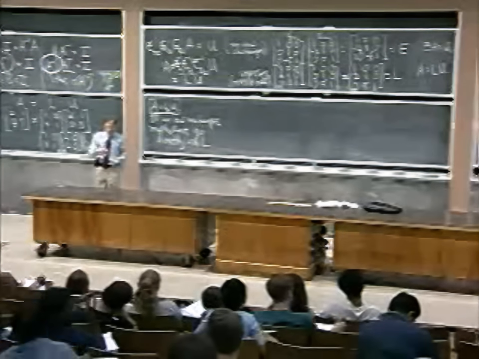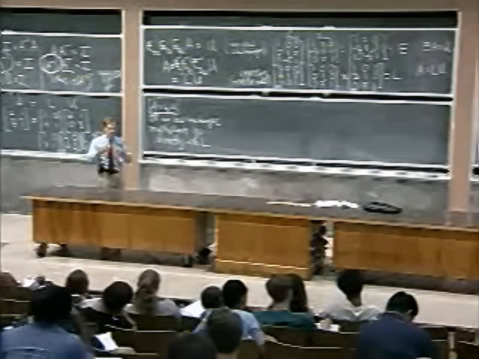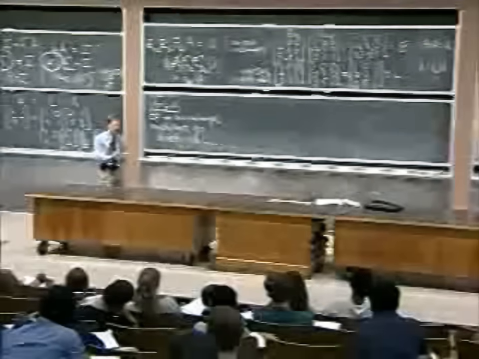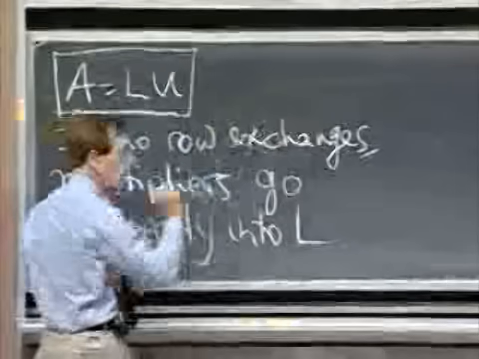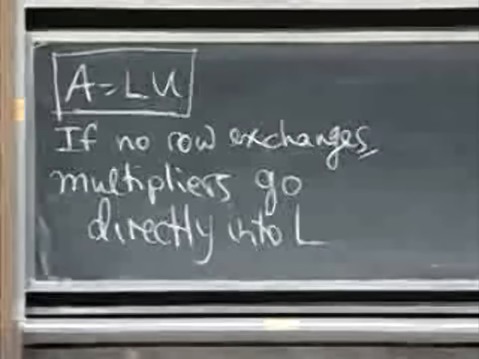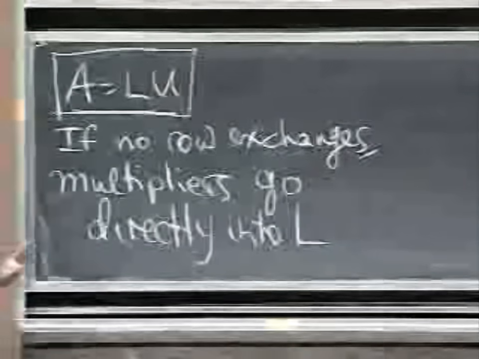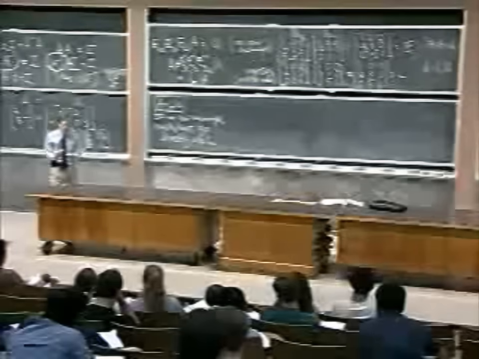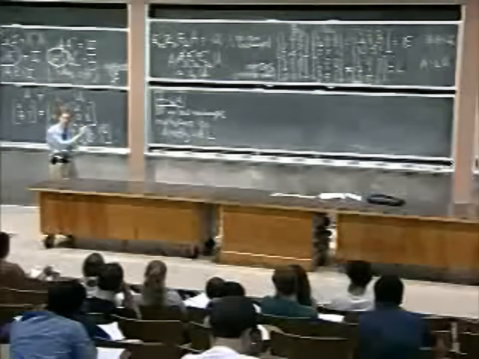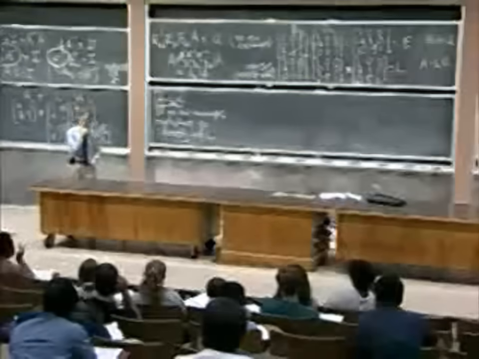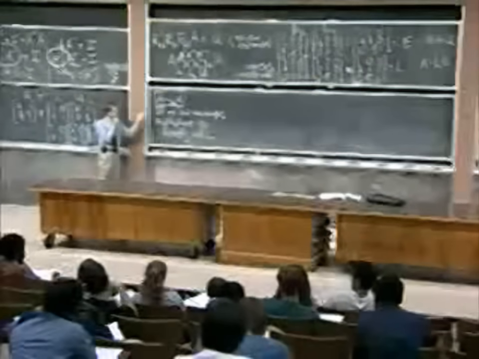If you think about it, when you've finished with row 2 of A, you've created a new row 2 of U, which you have to save, and you've created the multipliers that you used, which you have to save, and then you can forget A. Because it's all there in L and U. So this moment is maybe the new insight in elimination that comes from doing it in matrix form.